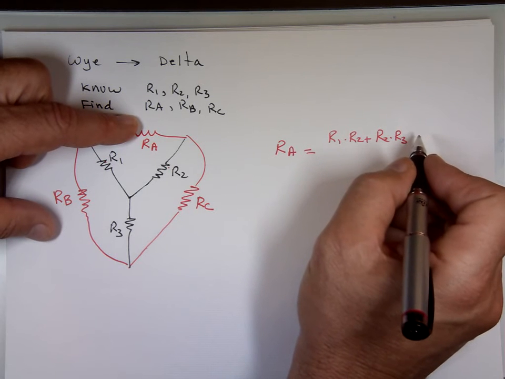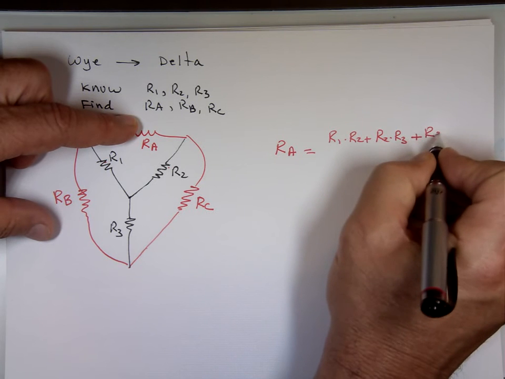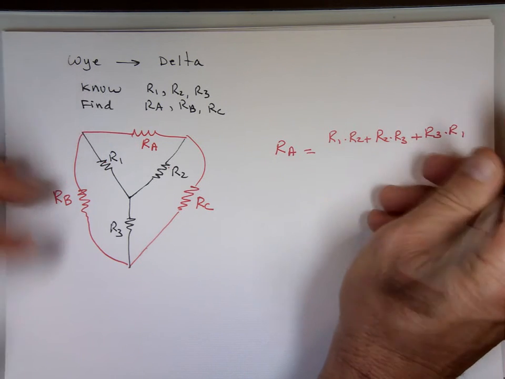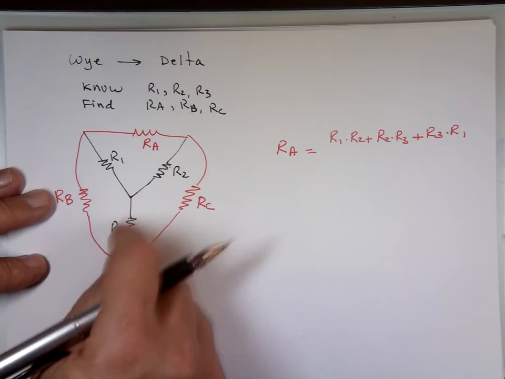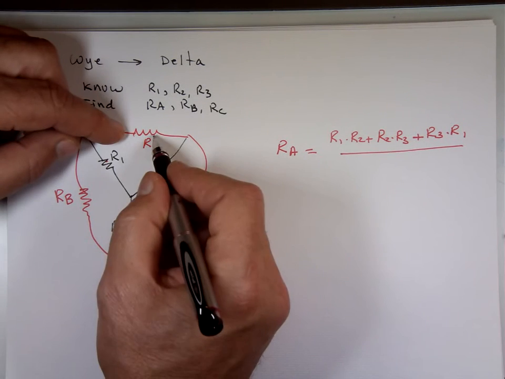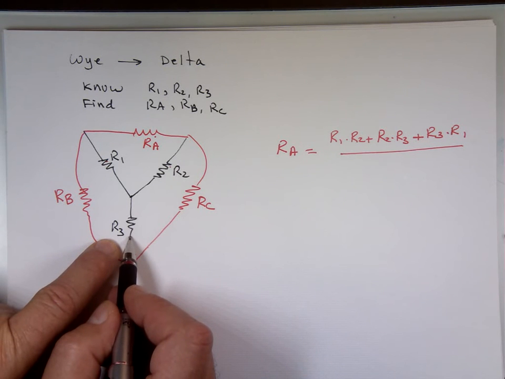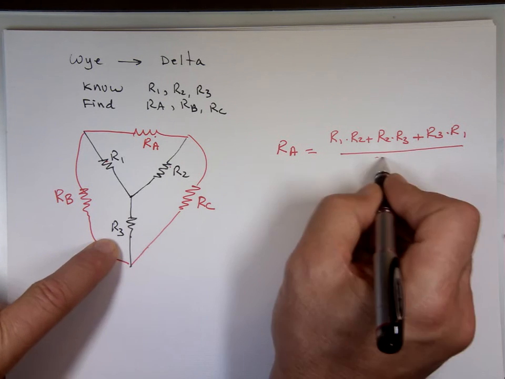I use 1 and 2, 2 and 3, and 3 and 1. So this times this, plus this times this, plus this times that, divided by the resistor opposite to R sub A, which is R sub 3.